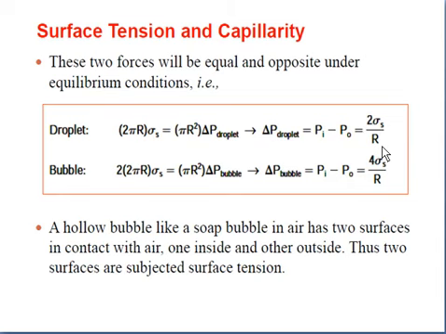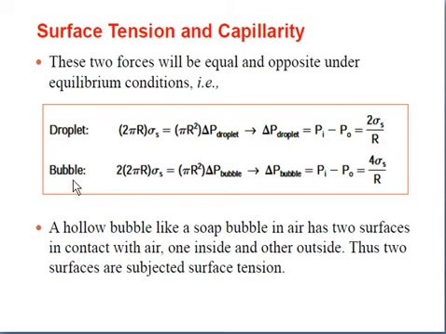And if the diameter is given, this equation becomes 4 sigma upon d, because r is equal to d by 2. Therefore, in terms of d, we can write this equation as 4 sigma upon d.